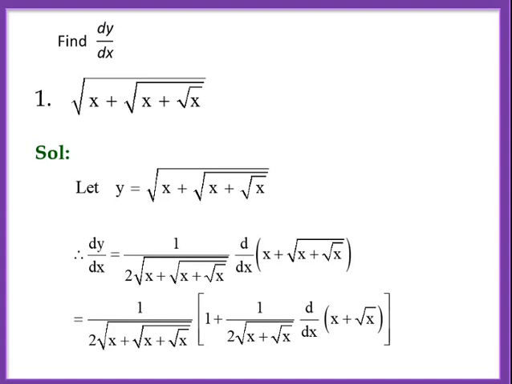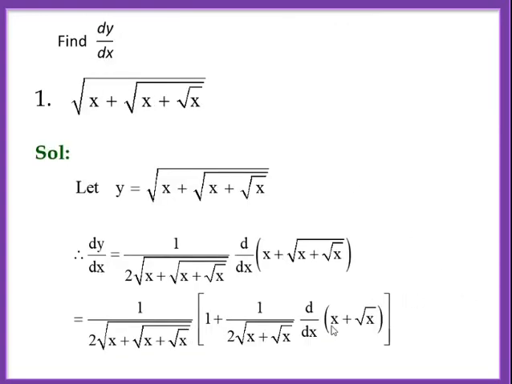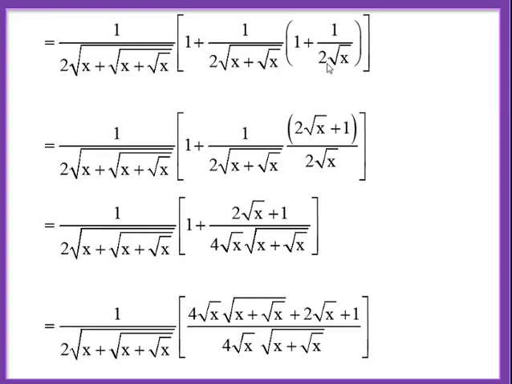Now the same logic. Here actually the derivative part is over. See, derivative of x is 1, derivative of root x is 1 upon 2 root x. Now the derivative part is over.